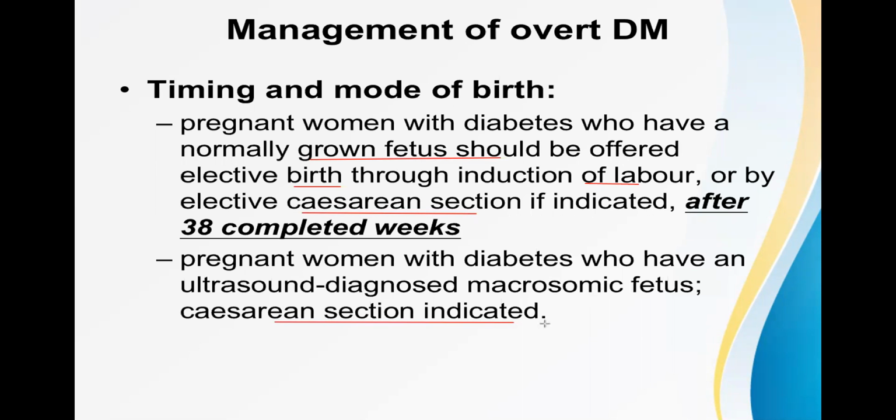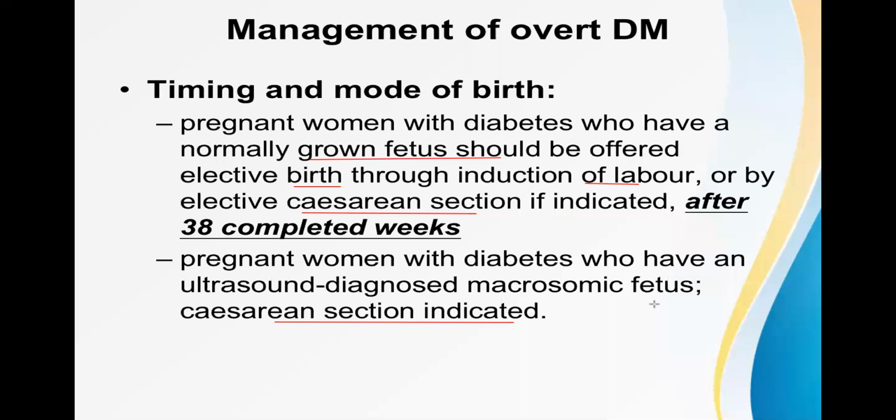Why don't we try for vaginal delivery if the baby is big? What's the risk? Maybe there is a risk of injury to the baby because the diameter of the pelvis is not more than the baby's head. That's why we prefer cesarean section. Very good answer.